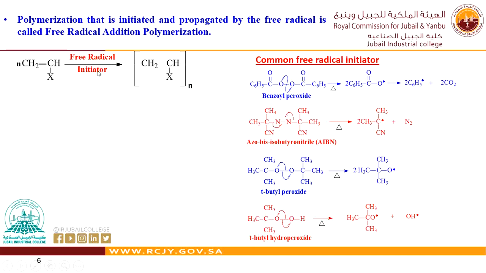Examples of free radical initiators include these. You can use this to produce a polymer, or this, or any of these free radical initiators. But of course, all of these decompose into free radicals when you apply high temperature.